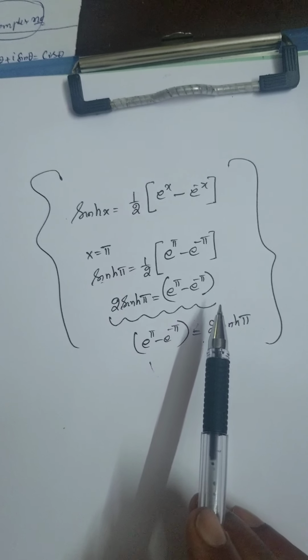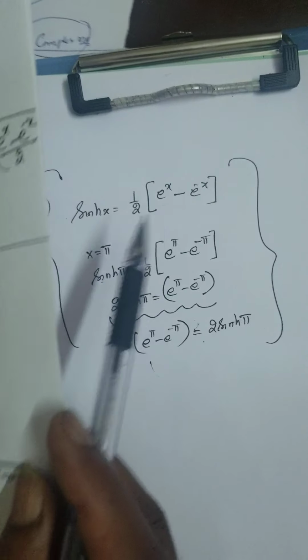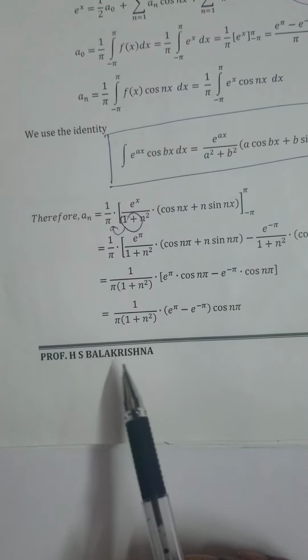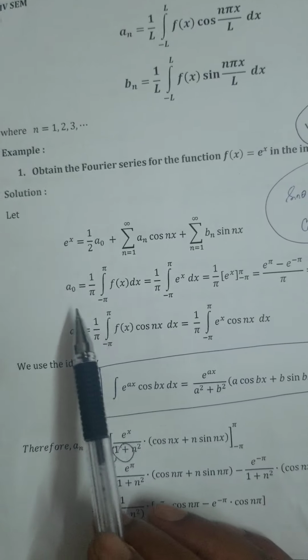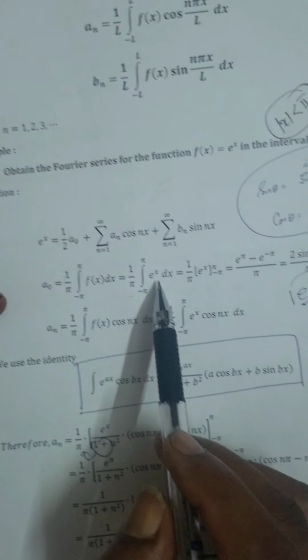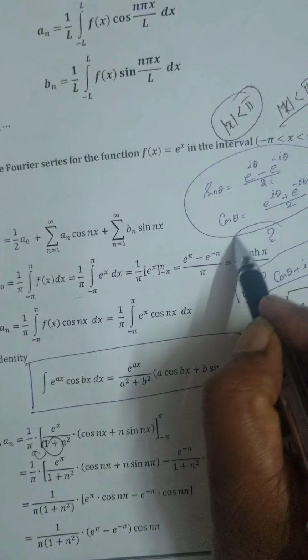These intermediate steps, we assume that you know. For example, I have taken from our principal's notes, Professor Balakrishna's notes. Here it is given in a very nice way. Look, this particular part, students will do it. These integration parts will come. Then after writing this, suddenly how it has come.